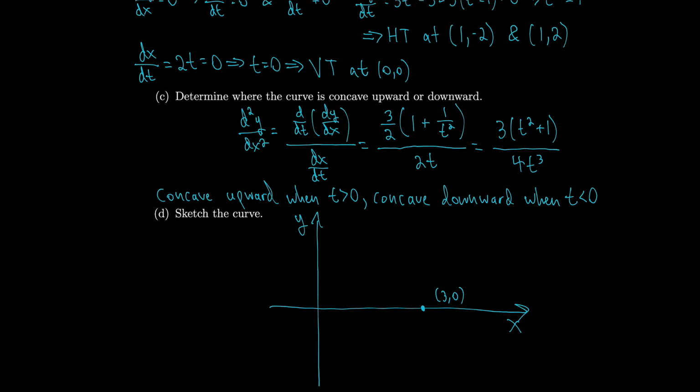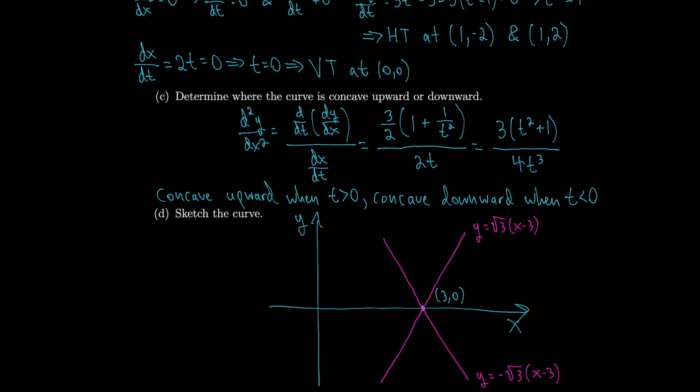So it should look something like this. So this is one of those tangents. We'll do the tangents in another color, actually. So this could be the tangent y equals root 3 times (x - 3). And then here's my other tangent, y equals minus root 3 times (x - 3).